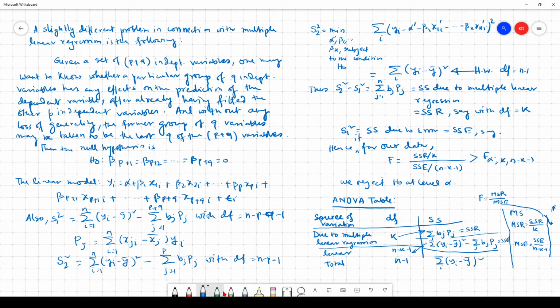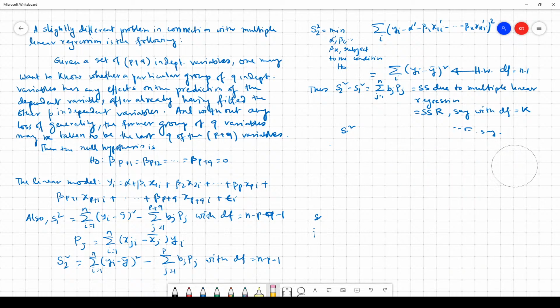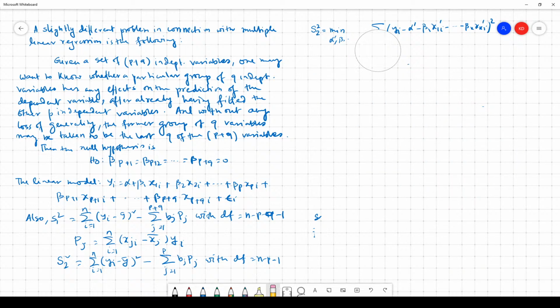Now S2 square minus S1 square is equal to the sum over j of b j star. These b j stars are not the same thing.